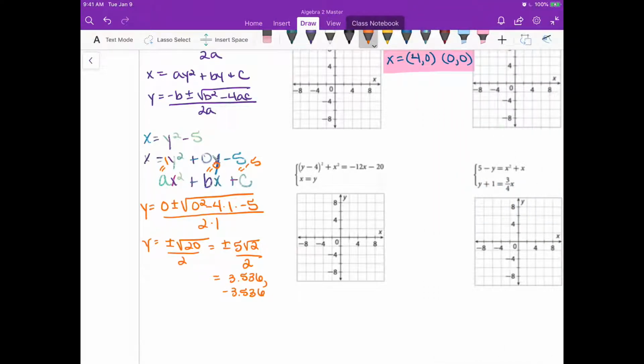And that would be around, this is 2, that would be around here and here.